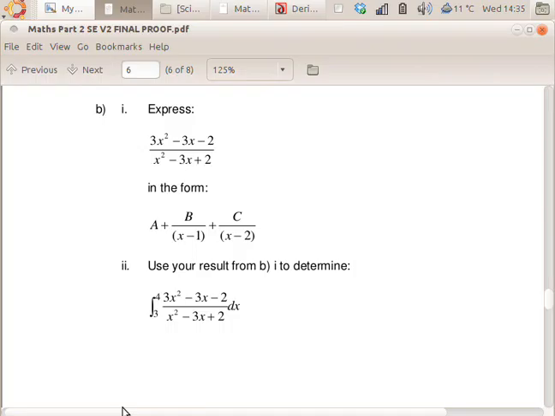Okay, so firstly, we want to find the A, B, C, and then we'll integrate. Can you please read out to me what was the quadratic? 3x squared minus 3x minus 2. Yep. x squared minus 3x plus 2.